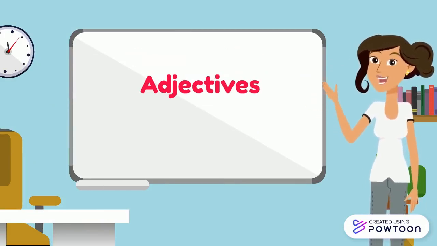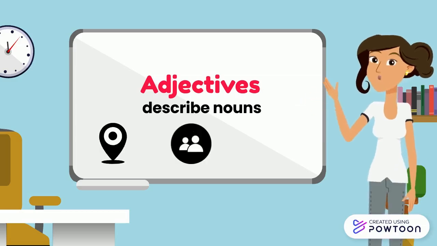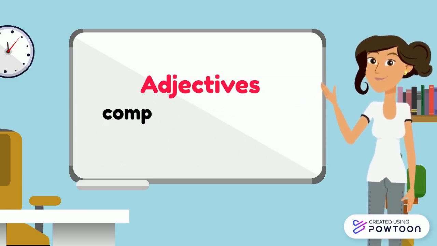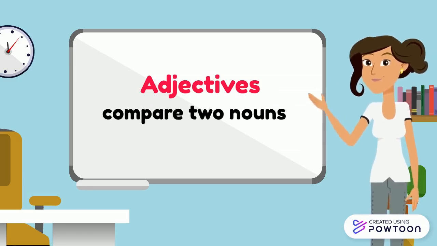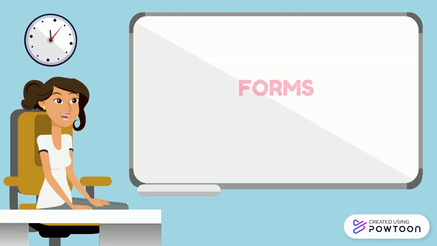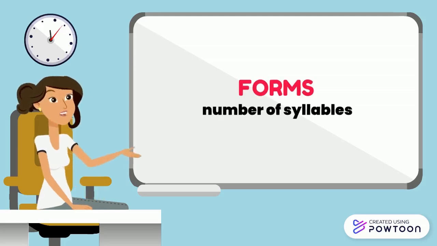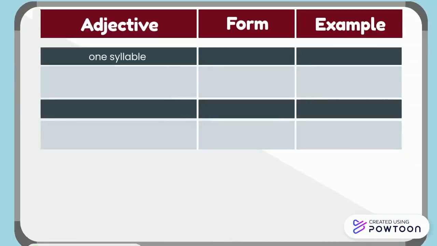Adjectives are used for describing nouns such as people, places, or things. When comparing two nouns, we use adjectives. How are comparative adjectives formed? It depends on the number of syllables an adjective has. For one-syllable adjectives, we add er to the adjective.